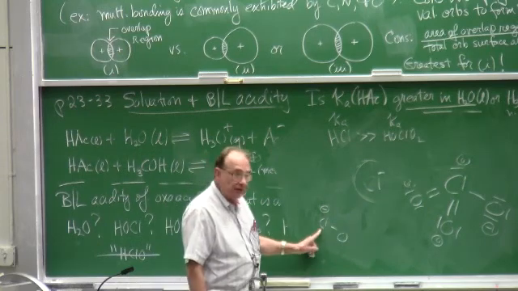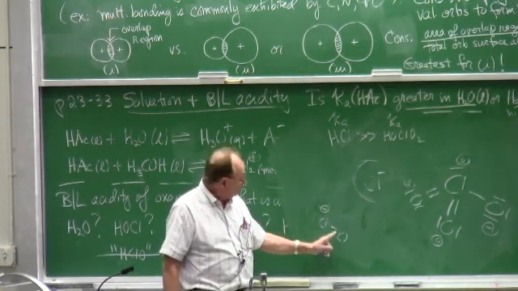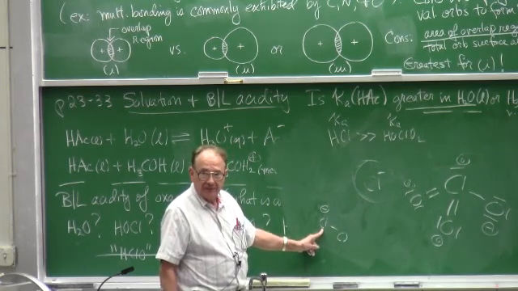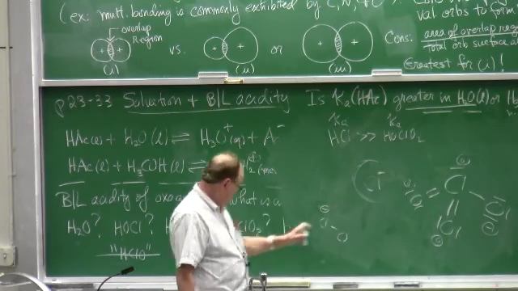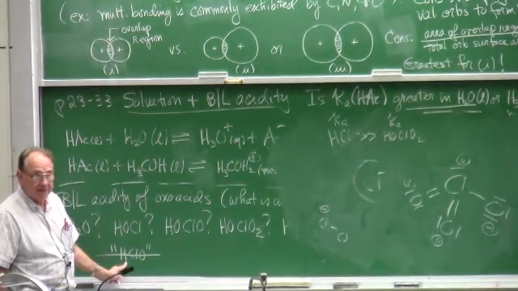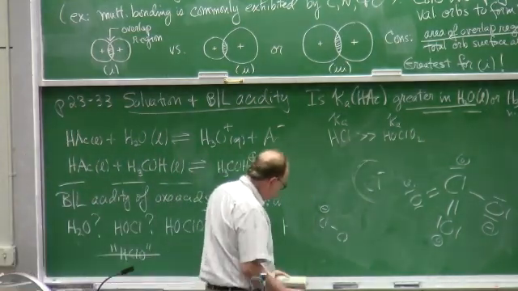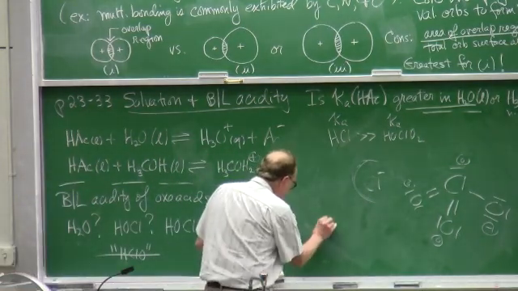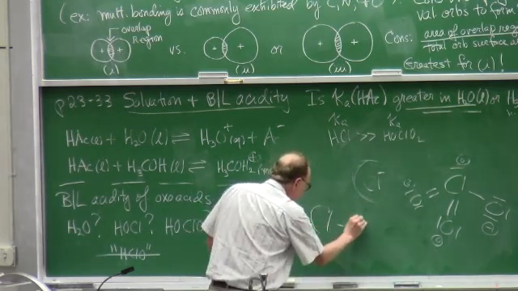So if you got a minus charge on chlorine, which is stabilized by induction by oxygen, you'd have to have a base that's weaker and more stable than this thing. Another thing that's grossly wrong about formulas like this. Because when we realize the facts, let's do it this way.